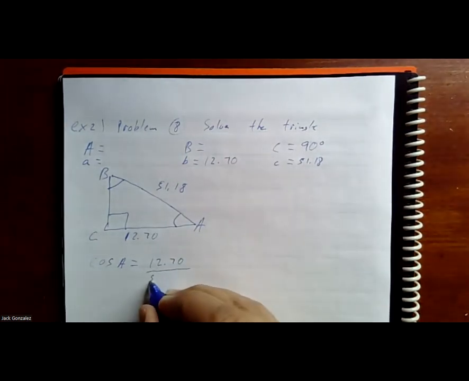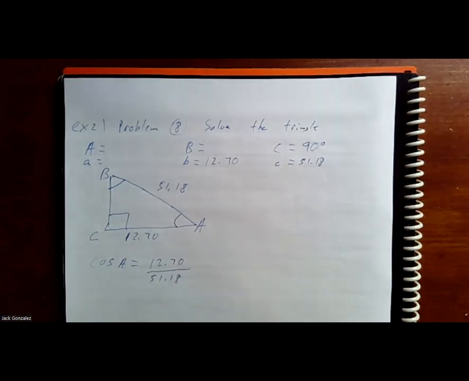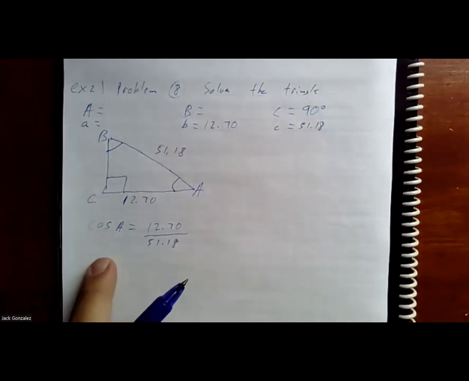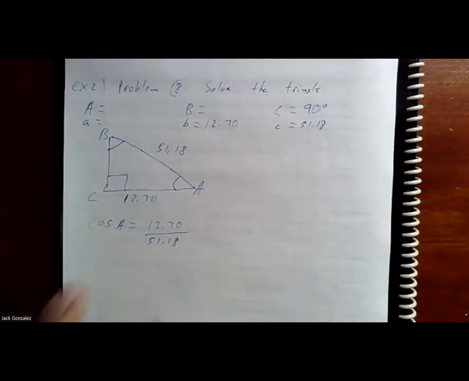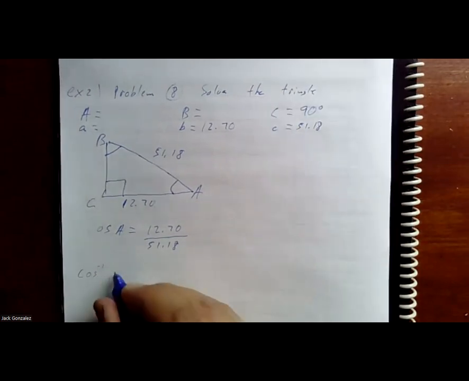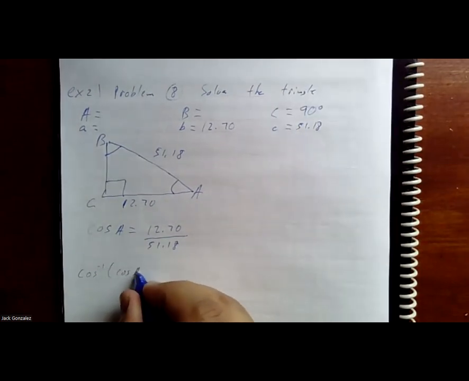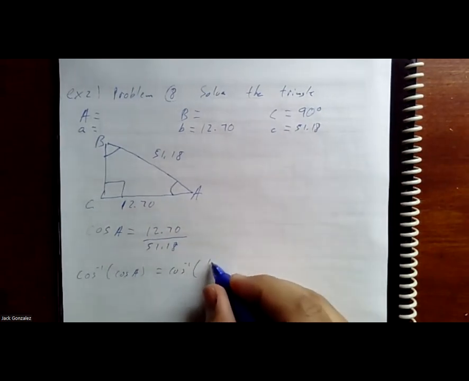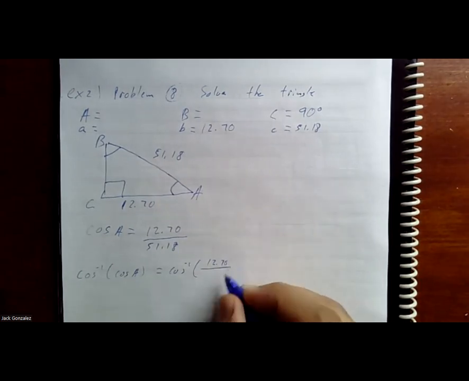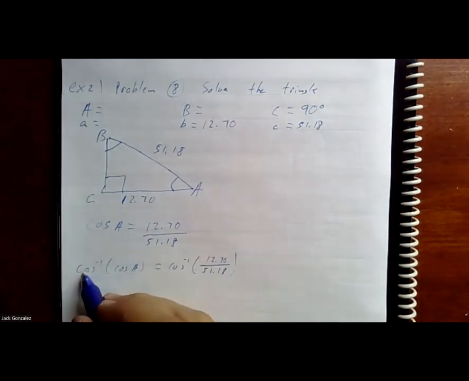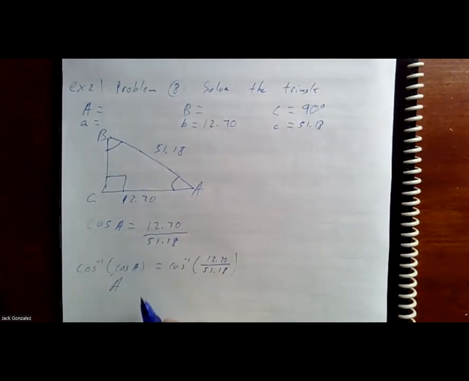Right? Now, as Raymond said, we can do cosine inverse of both sides to solve for capital A. Does that make sense? These cancel, so capital A will be whatever this is.